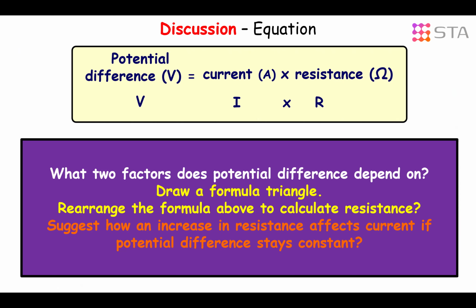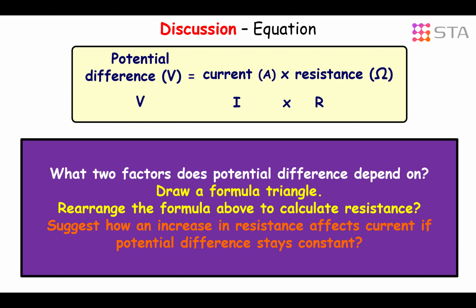So a few questions for you to dwell on before I go through them. What two factors does potential difference depend on? Draw a formula triangle for V equals I times R. Where would V be? Where would I be? Where would R be in the triangle? Rearrange the formula above to calculate resistance. Remember, you don't have to use the triangle.